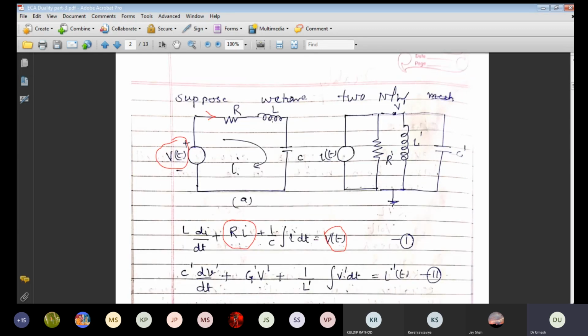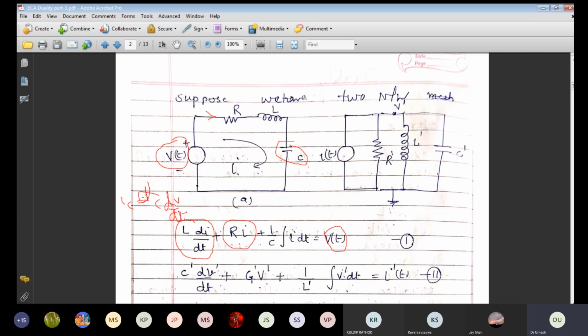The voltage across the inductor is L di/dt. For the capacitor, we know it has a current value: I_C is given by C dV/dt, as given in our first lecture.